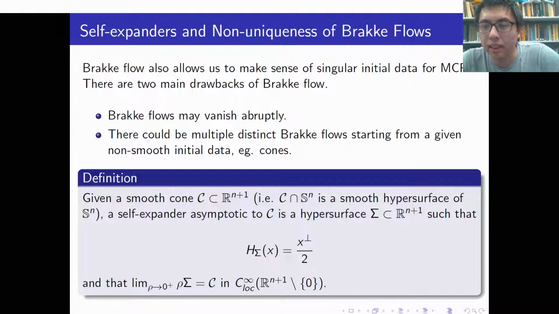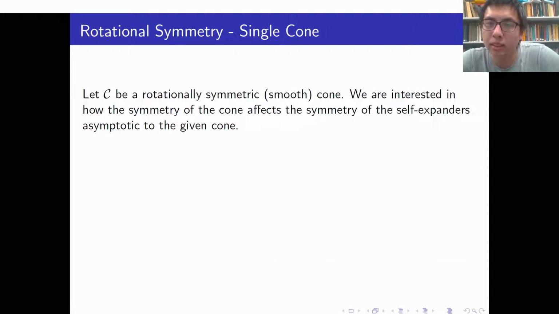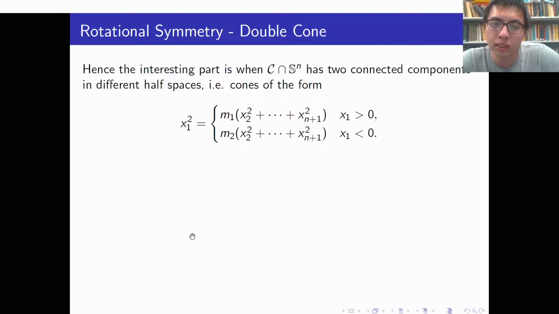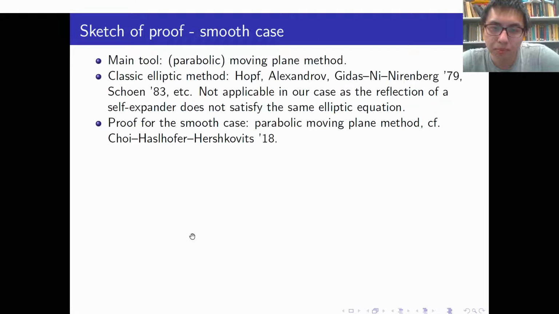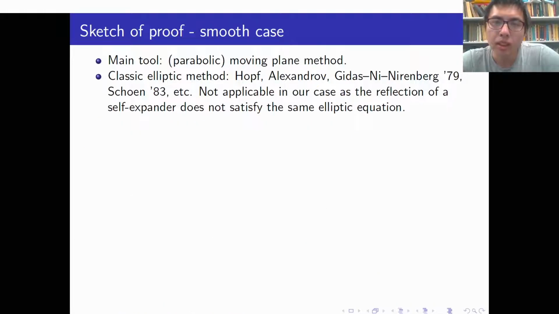And the problem is that if you reflect a self-expander that's translated, a translated self-expander is not a self-expander anymore. So that's why this elliptic method doesn't quite apply.